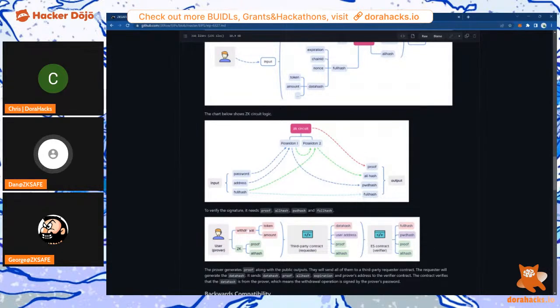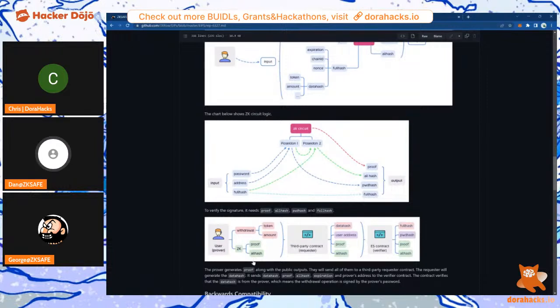That's the whole process. When the user wants to transfer some tokens, a certain amount, after entering the password, the ZK proof generator in your browser generates a proof along with a signing hash, called the O hash.